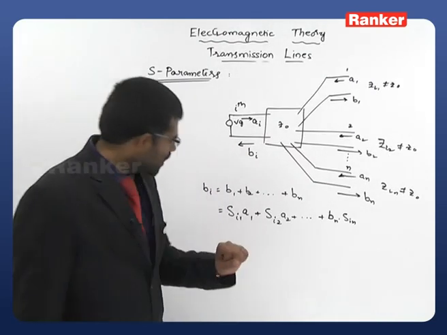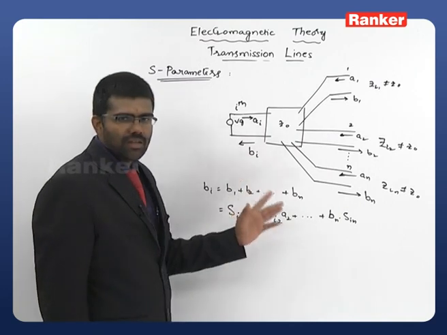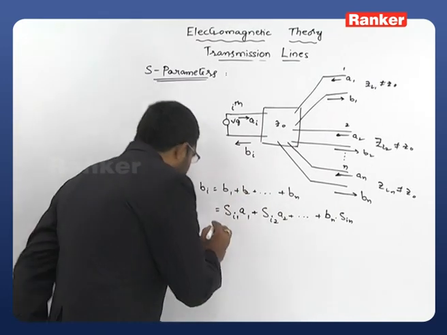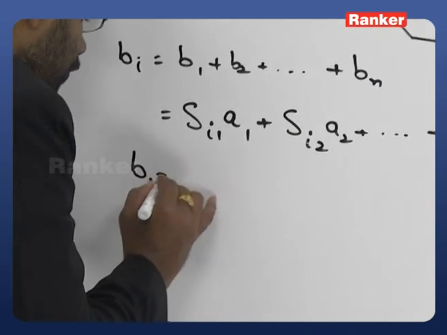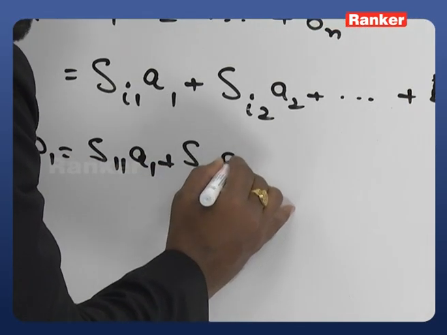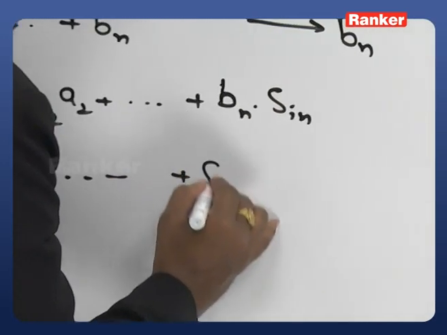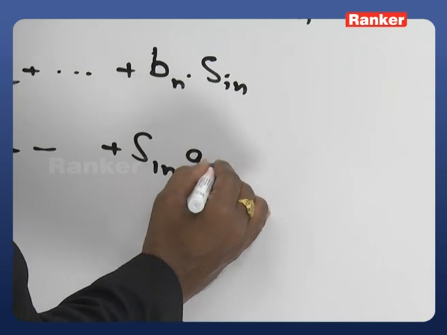Now what you have to do is generalize this equation by substituting i equals 1 to n. If you are generalizing the equation, what will you get here? B1 equals S11 A1 plus S12 A2 and so on plus S1n An.